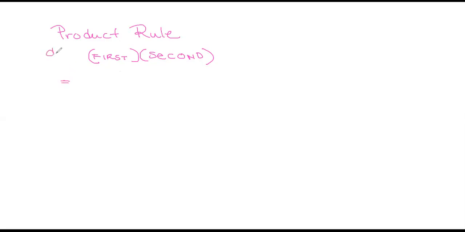If I was going to take the derivative of this, I'll leave the first alone, and take the derivative of the second, times that by the derivative of the second.